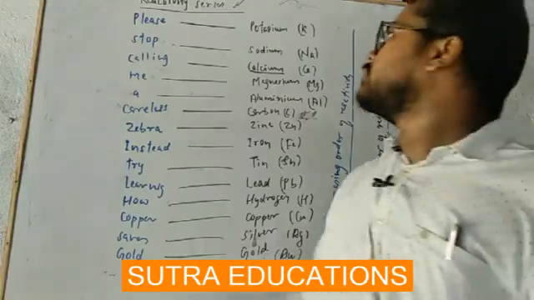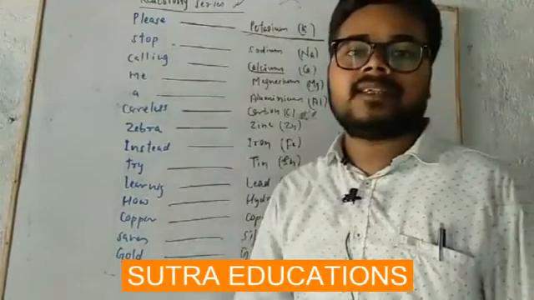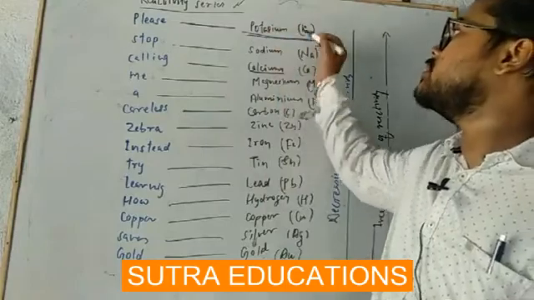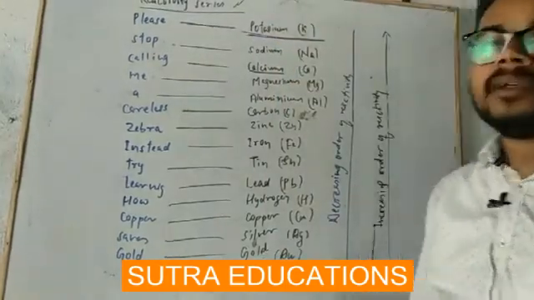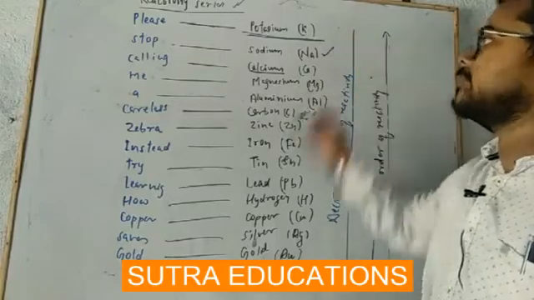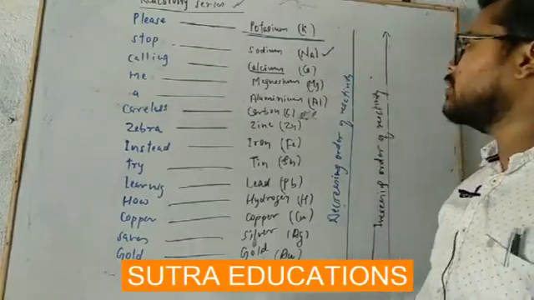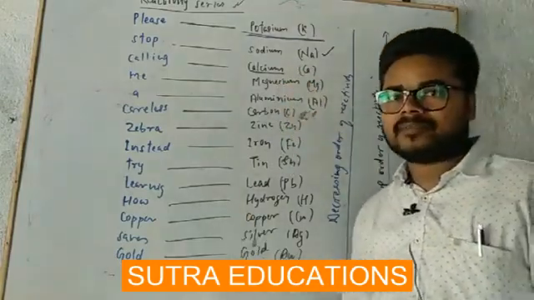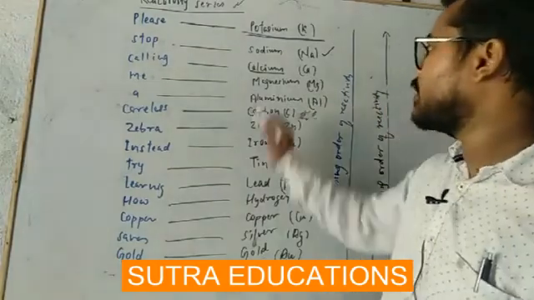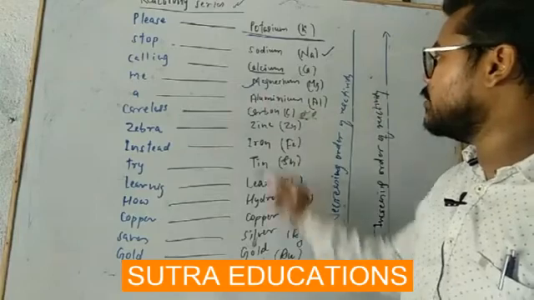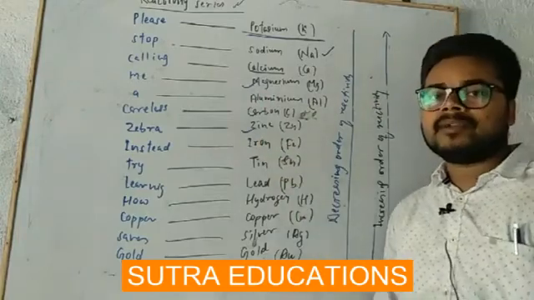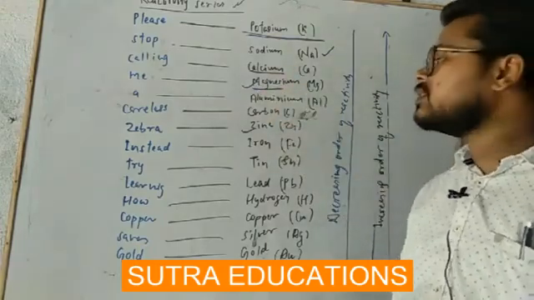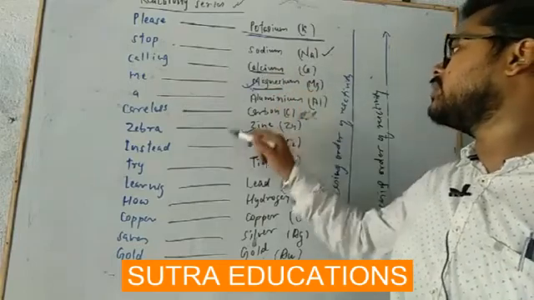It means potassium is the most reactive element in this series, followed by sodium. First one is potassium, then sodium, then calcium, magnesium, aluminium, carbon, and so on. So if you are asked between magnesium and zinc which one is more reactive, magnesium is placed above zinc, so we will say magnesium is more reactive than zinc.